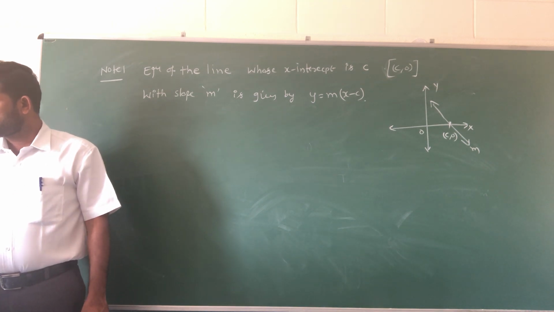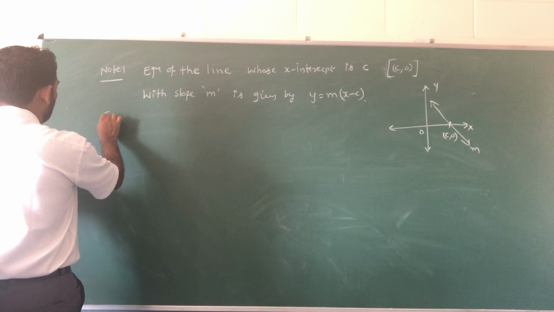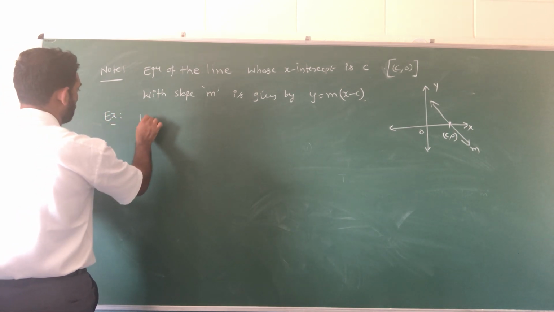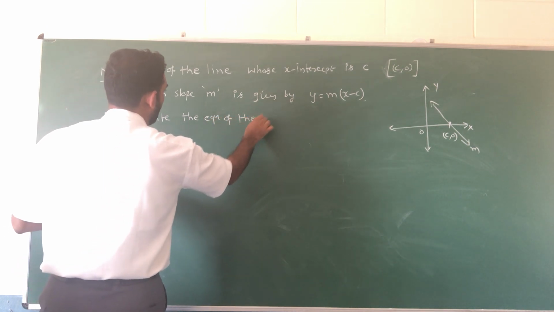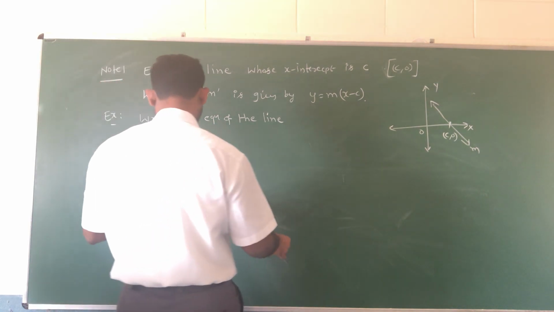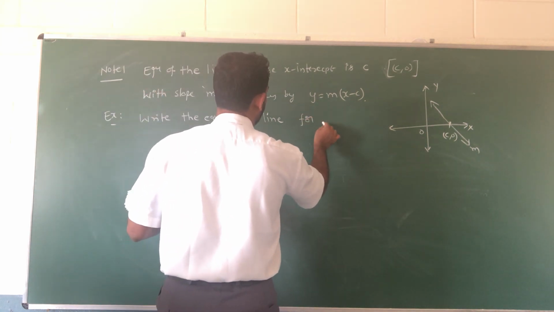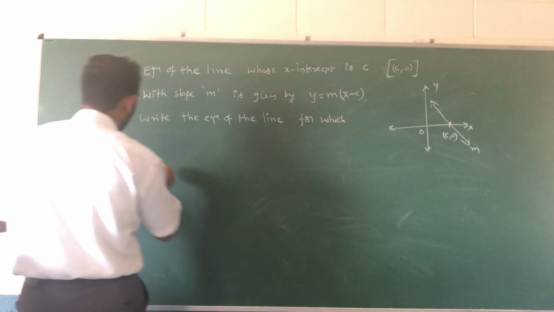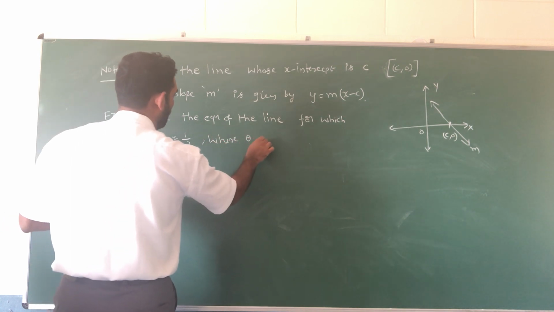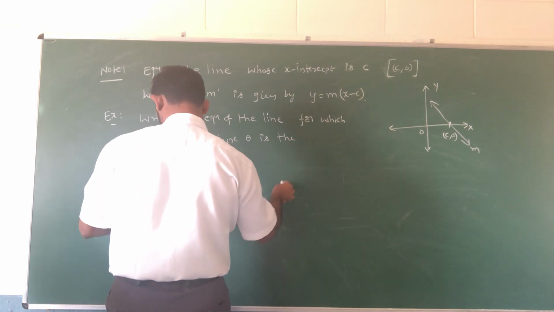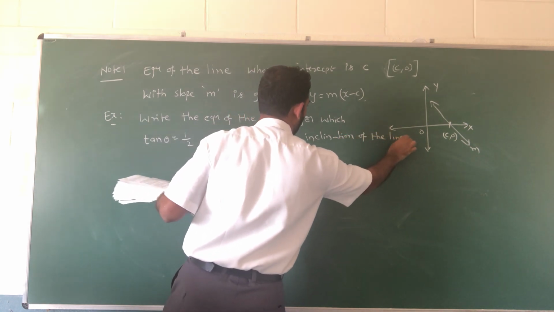So on this you write one example problem. Write the equation of the line for which tan theta is equal to 1/2, where theta is the inclination of the line.